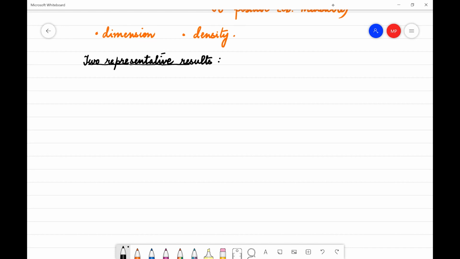The first one is in the integers, and it's a celebrated theorem due to Szemerédi.